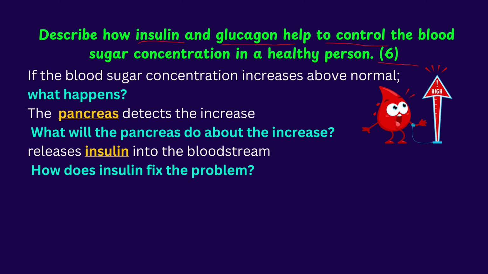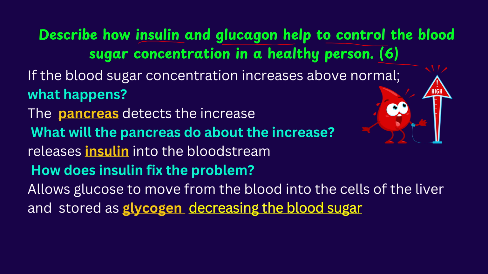How does insulin fix the problem? Insulin allows glucose to move from the blood into the cells of the liver and is stored there as glycogen. And this will decrease the blood sugar concentration because remember, our problem was that it was too high. So everything that happened will cause it to decrease. All right.